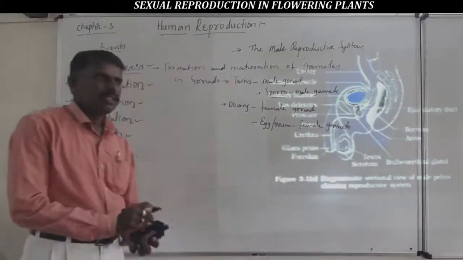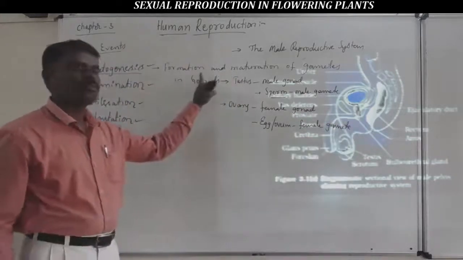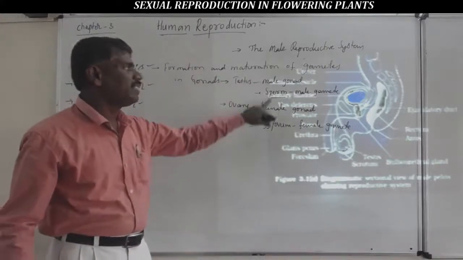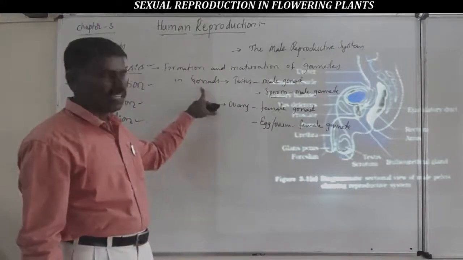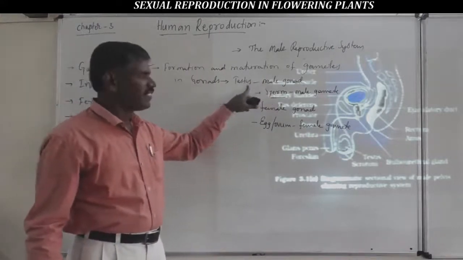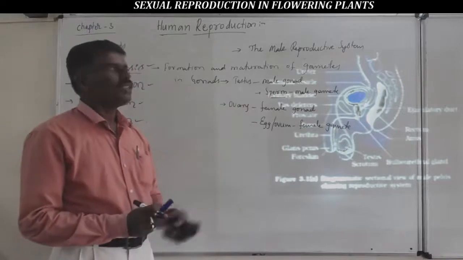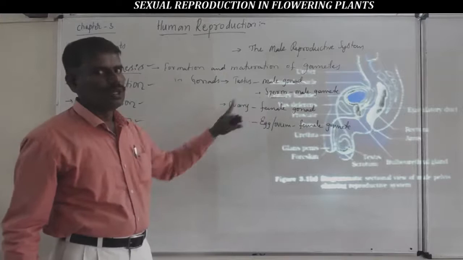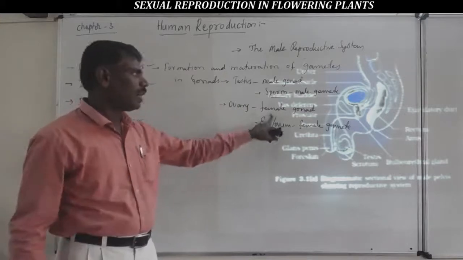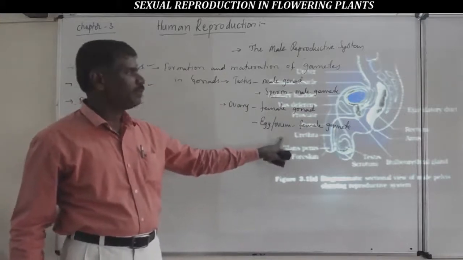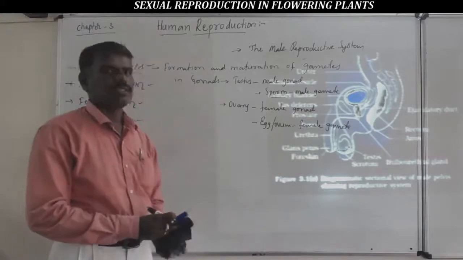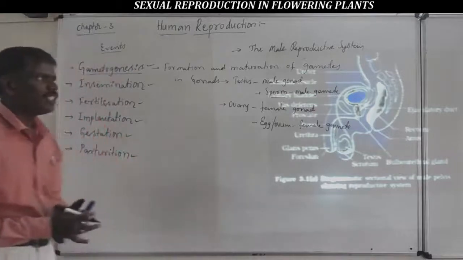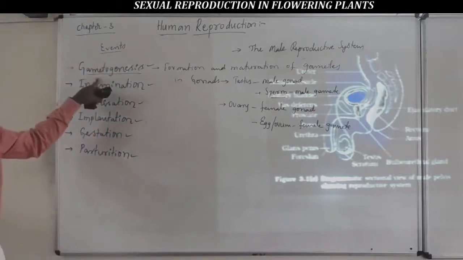So gametogenesis is nothing but the formation and maturation of gametes like egg or sperm in gonads, that is, testis or ovary. Testis is the male gonad which produces the male gamete, sperm. Ovary is the female gonad which produces egg or ovum, the female gamete. This formation and maturation of gametes is called gametogenesis.